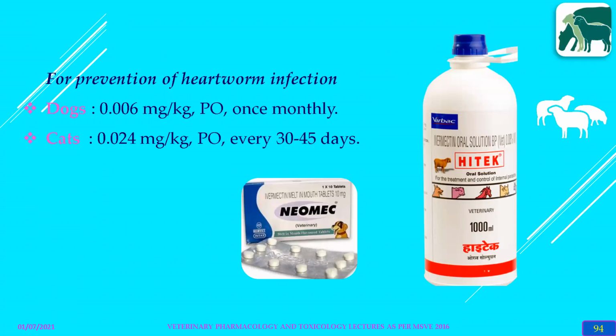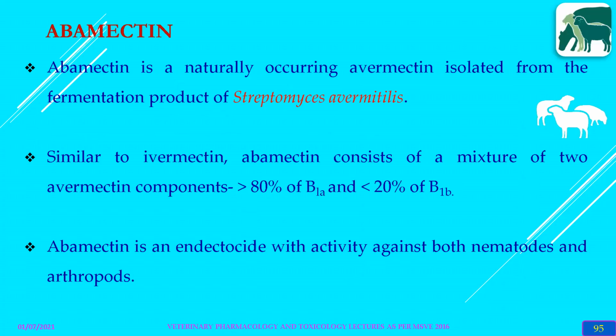Then the next drug is ABAMECTIN. It is a naturally occurring avermectin isolated from the fermentation product of the same microorganism, that is Streptomyces avermectilis.